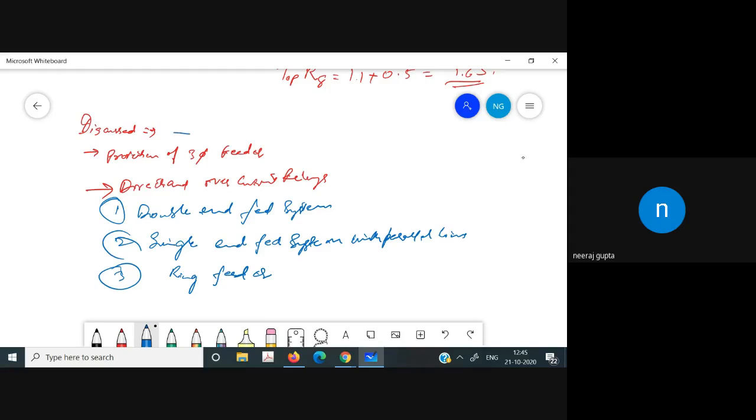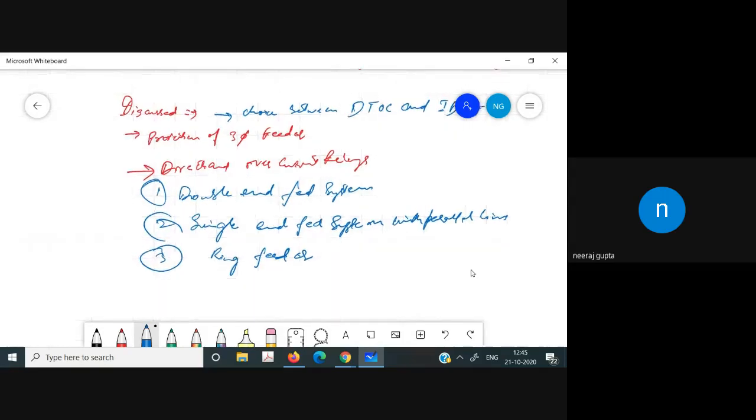Also, we have discussed the choice between DTOC and IDMT. So these are the things that we have discussed today.